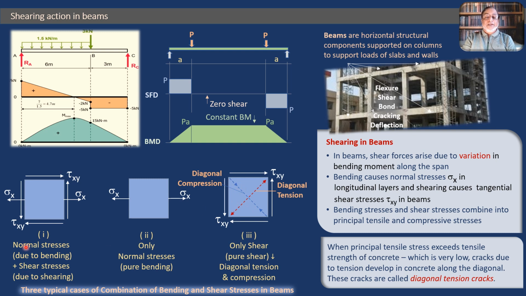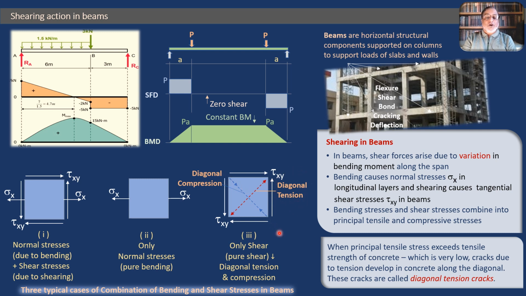But we know that concrete is weak in tension. So concrete is not able to resist this diagonal tension arising due to shear. And that is why we have to provide shearing reinforcement. We have to take help of steel to resist this diagonal tension in the shear design.